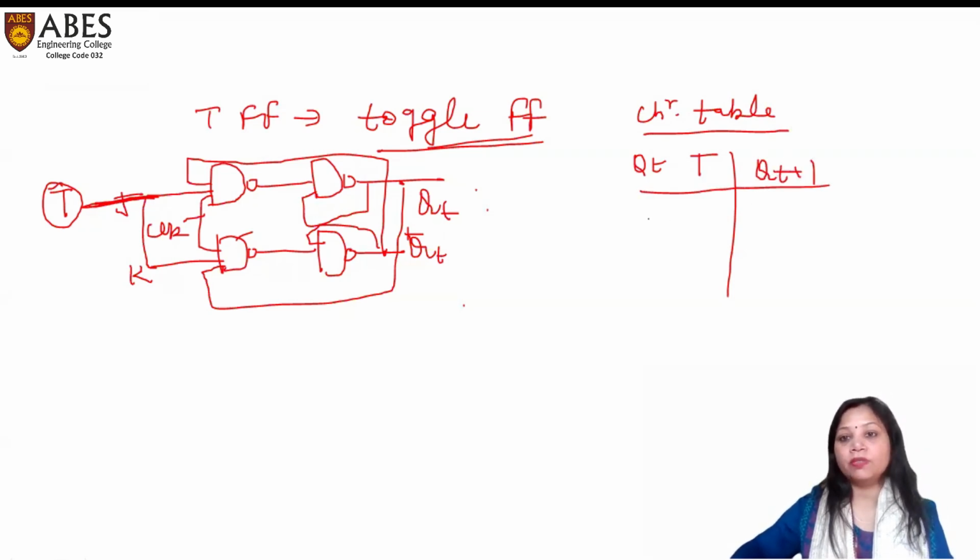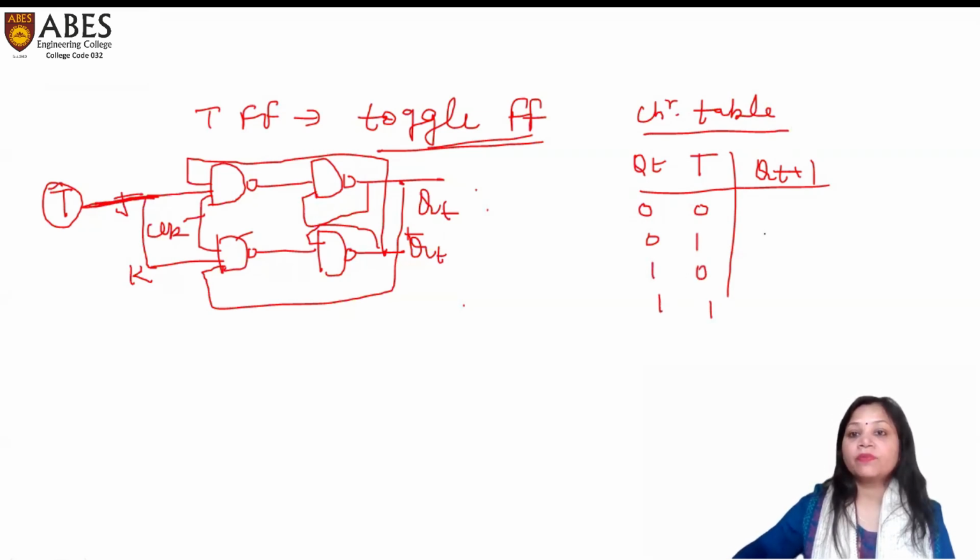Output is only Qt plus 1 we are taking here. So the combinations of the two inputs are 0 0, 0 1, 1 0, and 1 1. Right? If T is 0, T 0 means J and K both are 0, then the output will be no change. No change means if the previous value is 0, Qt plus 1 is also 0.